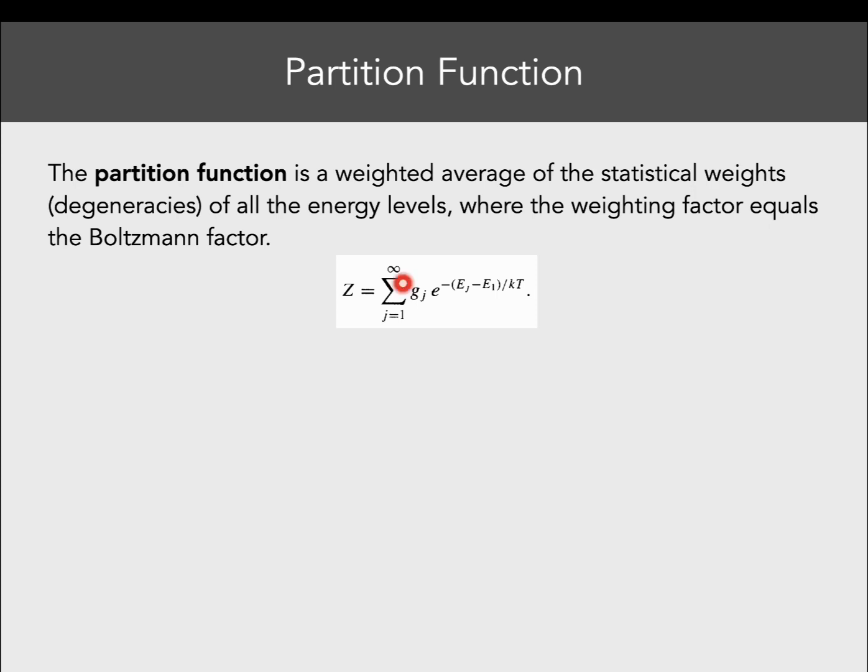So the summation is over all of the energy levels for a given ionization state. Gi, remember that's the statistical weight that we defined for the hydrogen atom before. And this term right here, that's the Boltzmann factor. So that's e to the minus difference in energies over KT. And now we sum up this for all of the energy levels for a given ionization state.